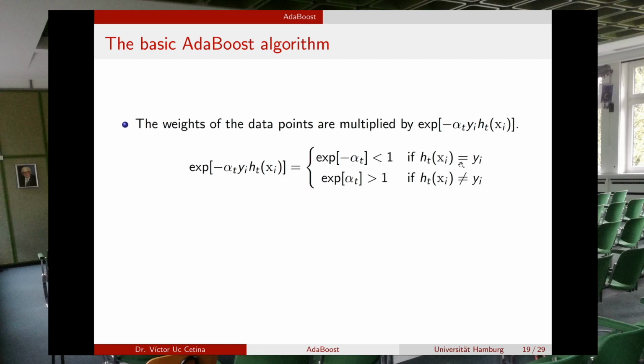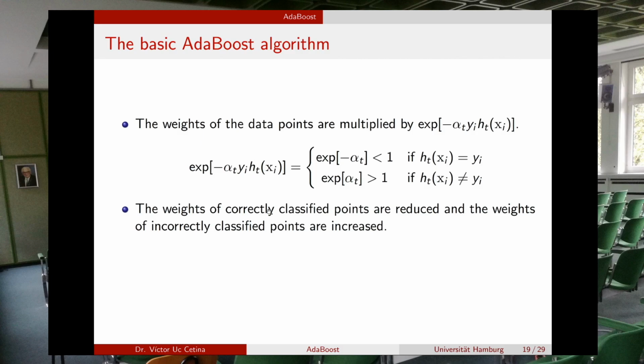So if your current weak classifier h_t classifies correctly the example I, then the expression will be the exponential of minus alpha, and that is going to give you a number smaller than 1. Otherwise, if the example is incorrectly classified by that weak classifier, then this expression will be the exponential of alpha, which is a positive number, and the result is that this exponential is going to be a number larger than 1.